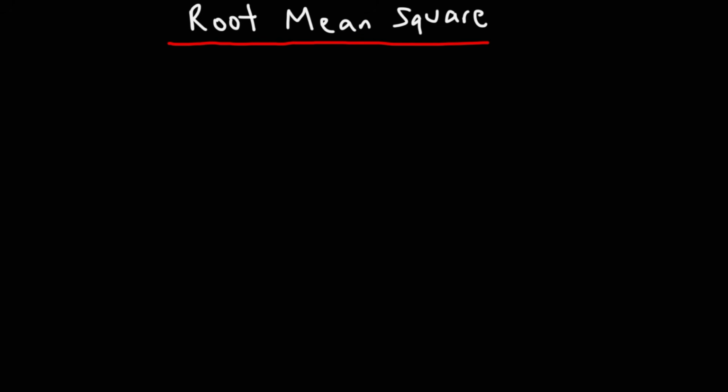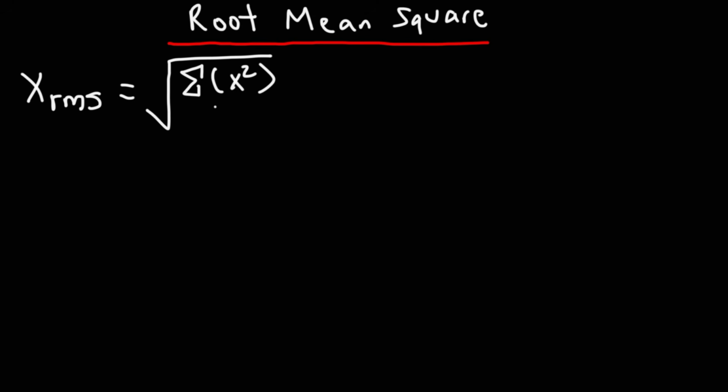So if you want to find the root mean square of x, if you see RMS as the subscript, that's root mean square. It's going to be the square root of the sum of not just the x values, but the square of those x values divided by n.